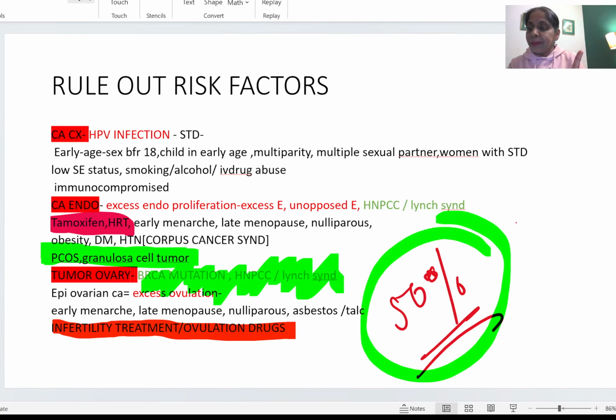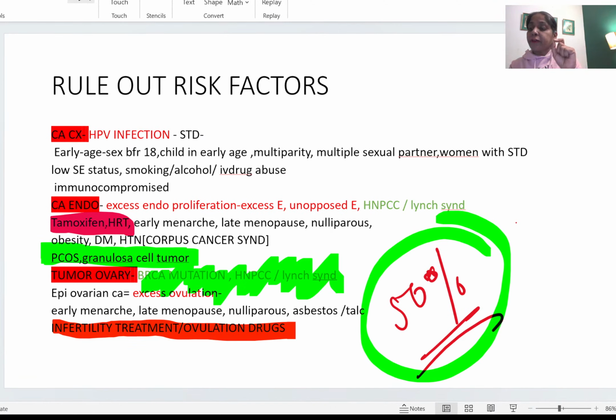Once again, if a patient of CA cervix comes to you with irregular bleeding and you get a clear-cut growth on the cervix, then you will rule out the female sexual activity factors.